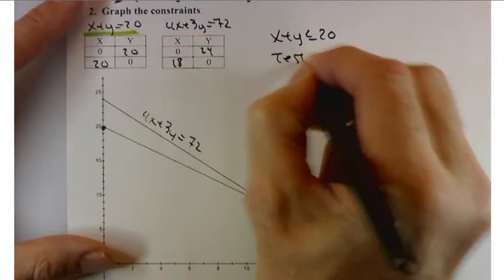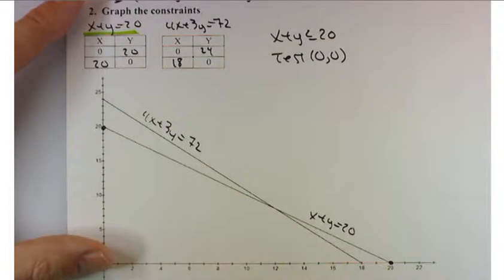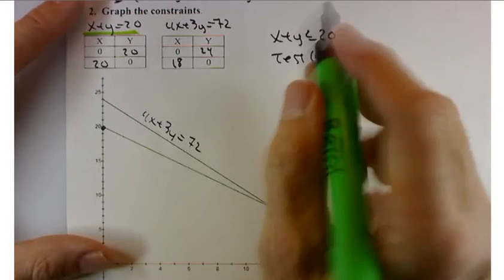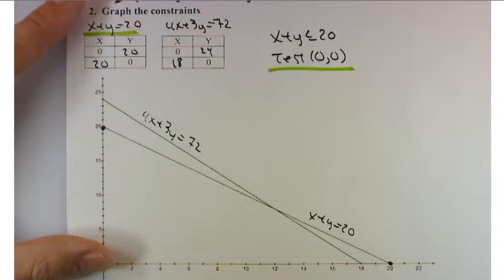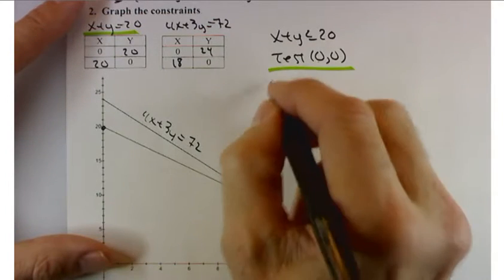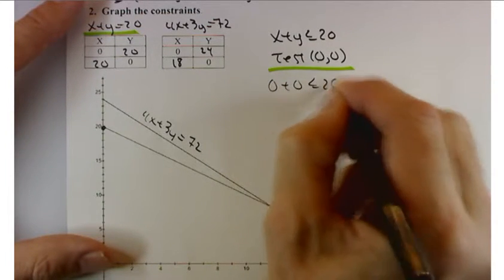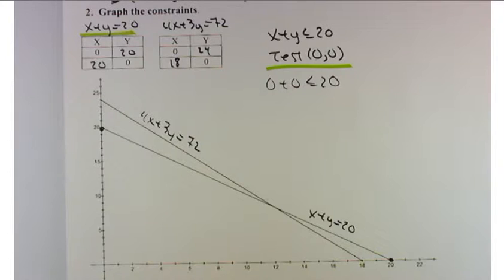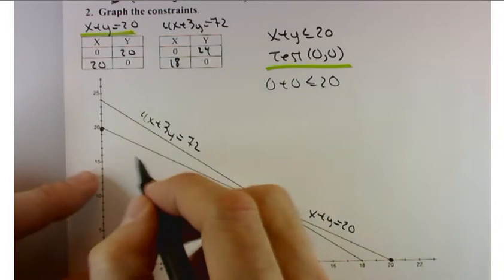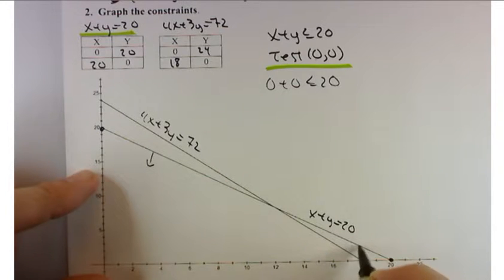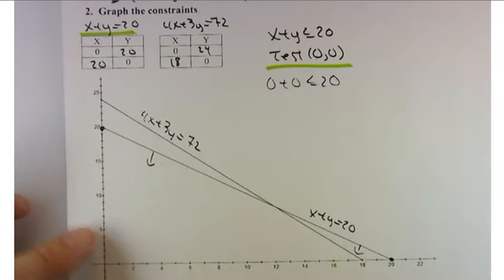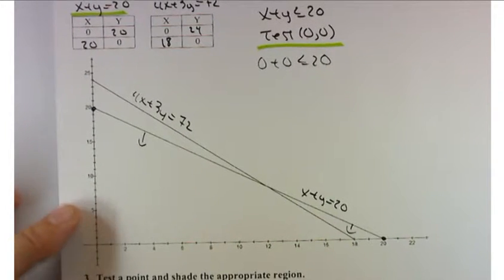We'll test 0, 0, my favorite test point. 0 plus 0 less than or equal to 20. True or false? True. So you're going to shade below this line. Let's just draw a couple little arrows here below that line.